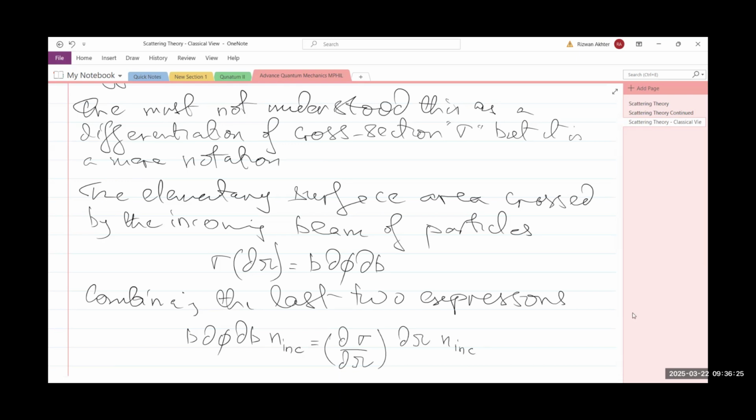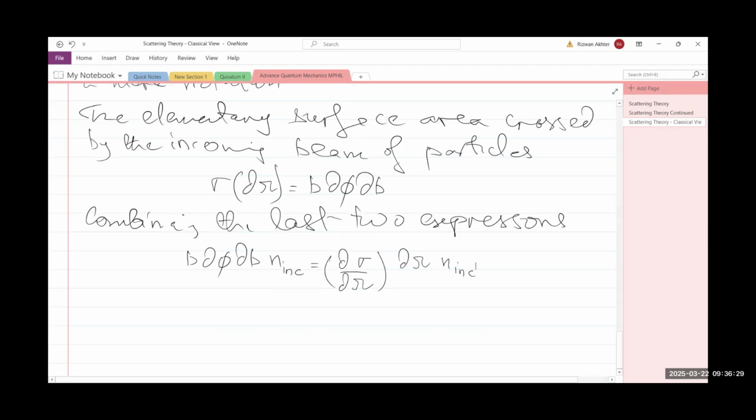So one could say then, और यहाँ से निकल कर आ जाएगा आपका relationship, that is the deflection function. So one could think about d sigma upon d omega.